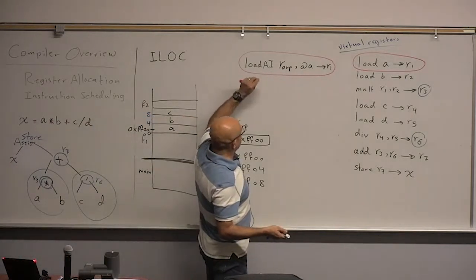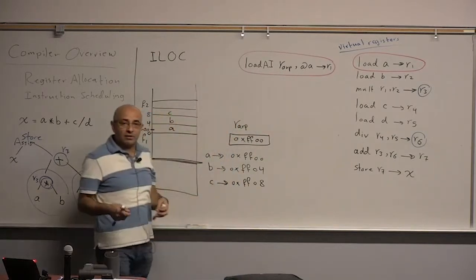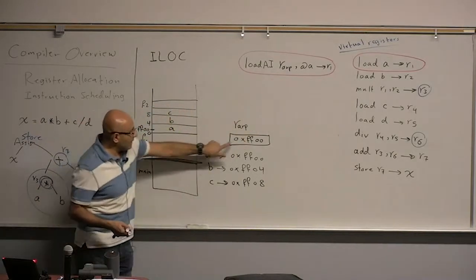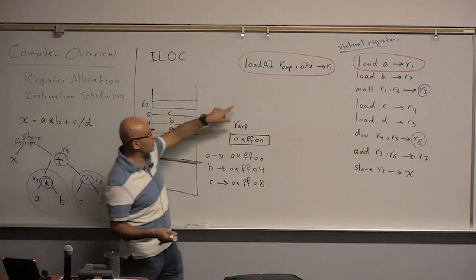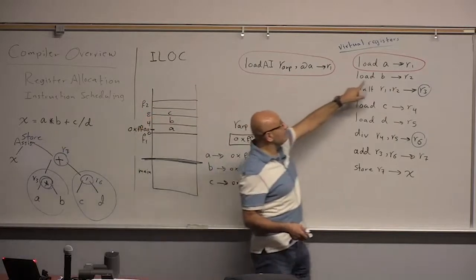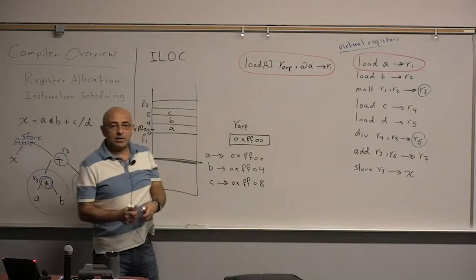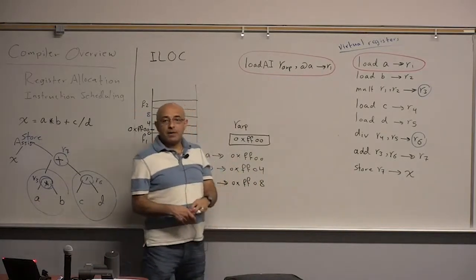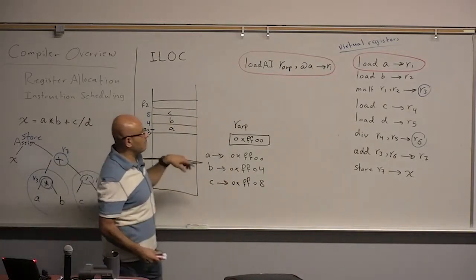So a load instruction takes a register, for a local variable. The base is the register that holds the activation record pointer, and this is the offset for the variable. What I have here is just a shorthand for this. It's understood that we are assuming that variables are local variables and all addresses are relative to the starting address of that stack frame.